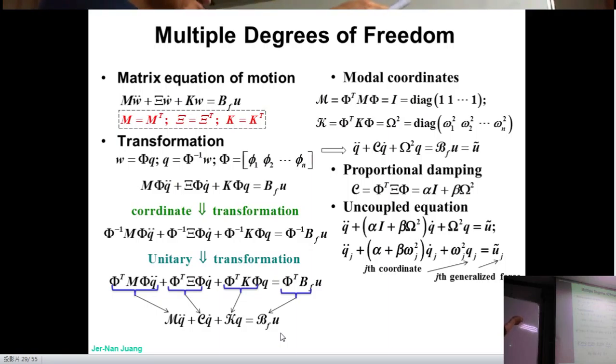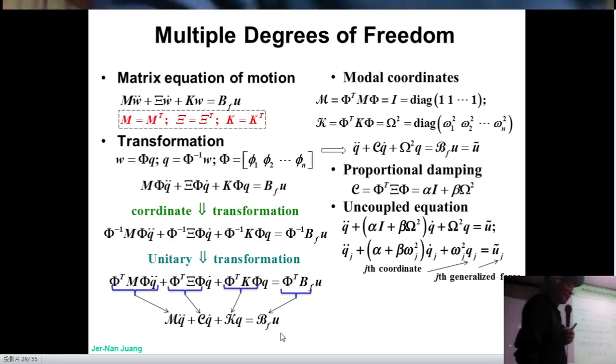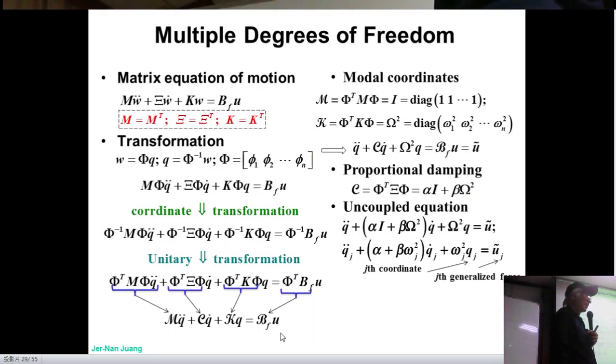Now, note that now I write phi inverse become phi transpose. Did you see that? I say phi inverse in diagonal, I make them to be phi transpose. Be careful about that.